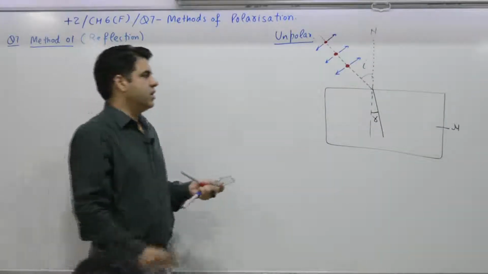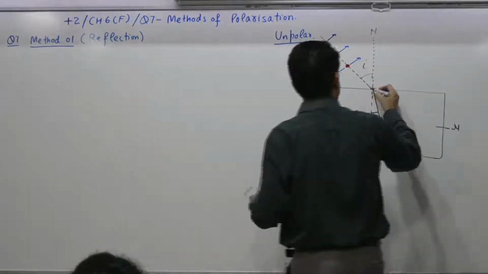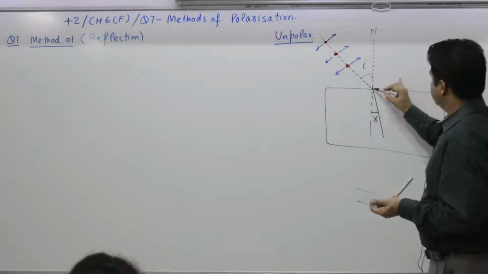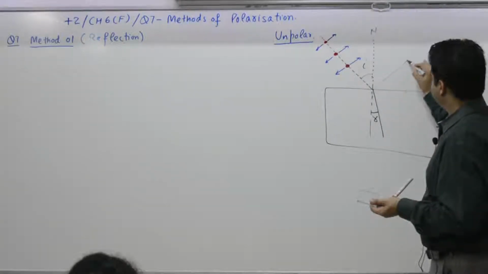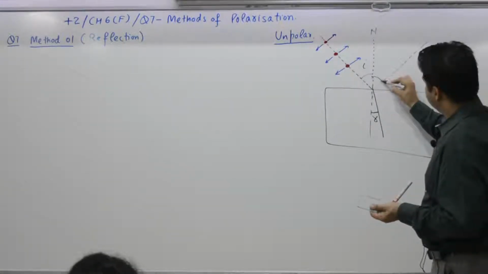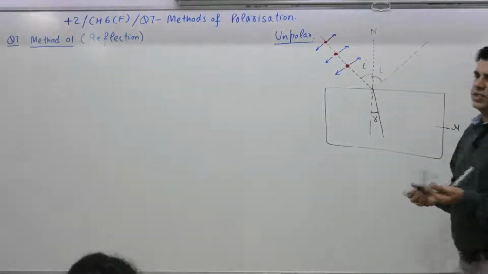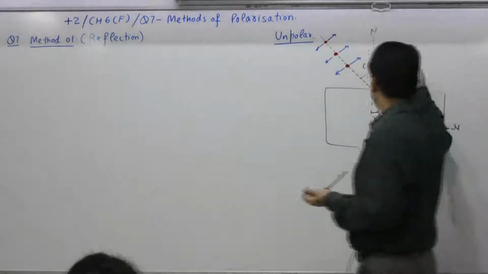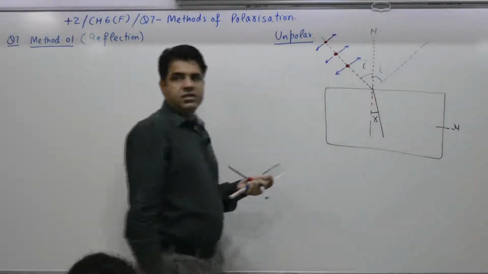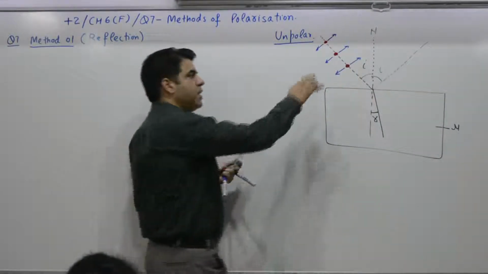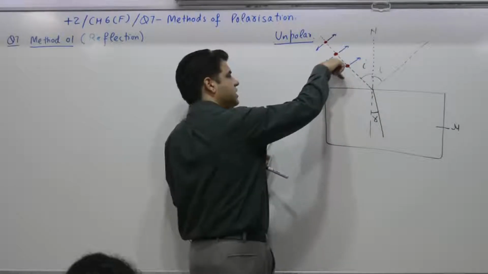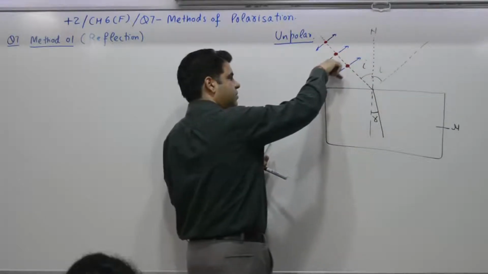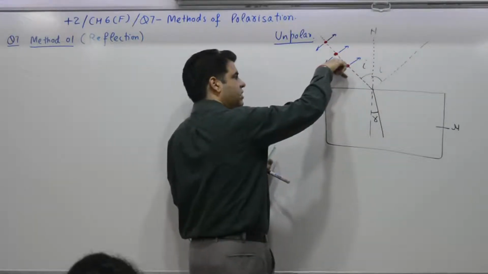What about the reflected ray? The angle of incidence is equal to the angle of reflection, the law of reflection. Now this ray is partially polarized when you keep on changing this angle, say 60 degree, 45, 30.